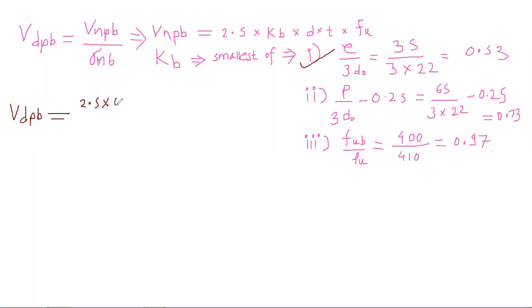The value of KB we got is 0.53, multiplied by the diameter, which is 20 mm, multiplied by the thickness. Now what thickness is it? The thickness of top plate is 12 mm. Thickness of bottom plate is 8 mm. So we will consider the 12 mm, that is the thickness of top plate.